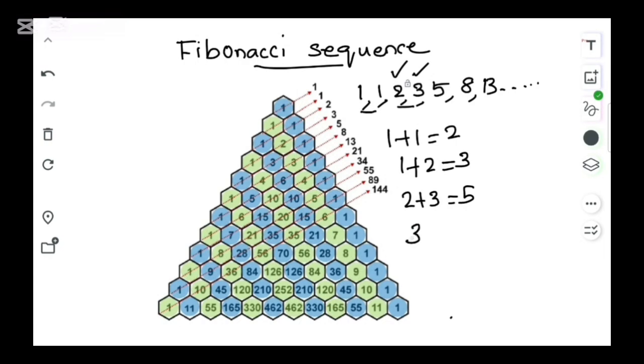Next 3 plus 5 is equal to 8. Then 5 plus 8 is equal to 13 and the pattern continues. So in the Fibonacci sequence, each number is obtained by adding the 2 previous numbers.